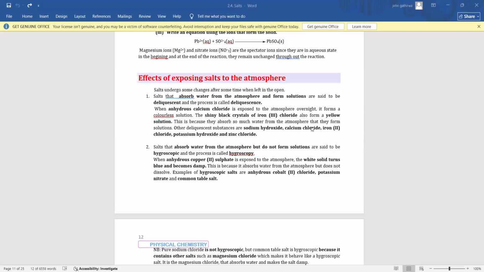Yes, Evans. Must we mention the fact that when we filter out the silver chloride, it is the residue?